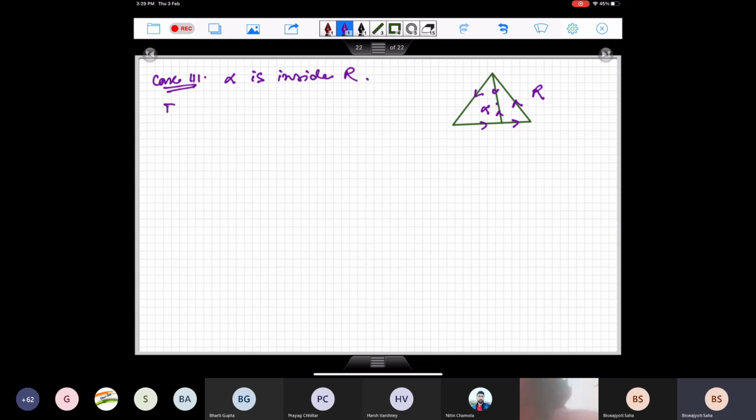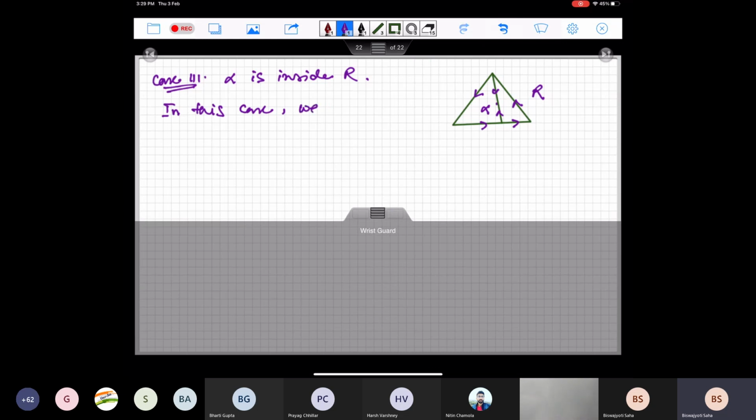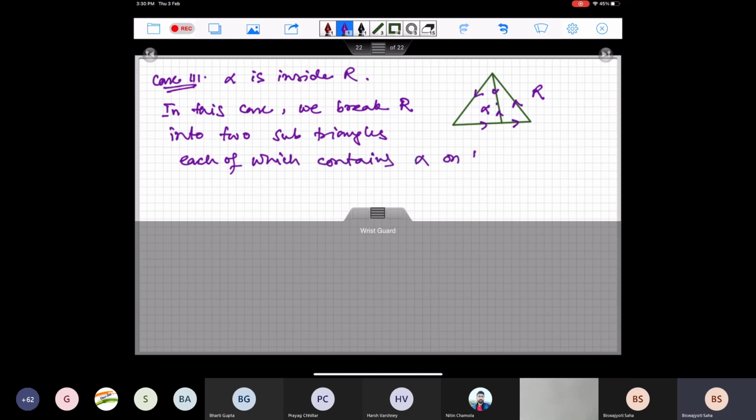So in this case we break R into two sub triangles, each of which contains alpha on the boundary.